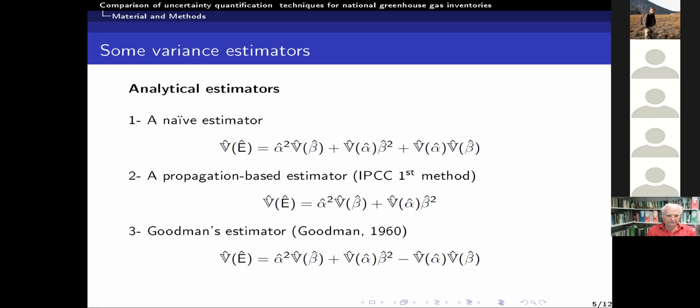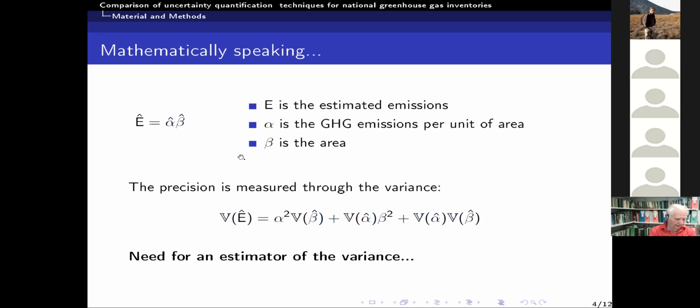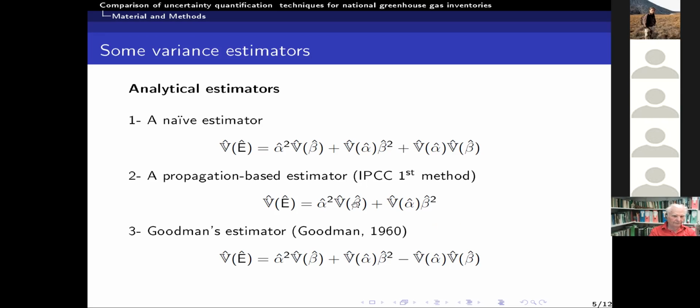So we can wonder, okay, there are 3 estimators. Which one is the best? So one way to assess the performance of an estimator, basically you want to see on average if that estimator will stick to the true value of the variance, which is provided here. Okay, so if you know the properties of the expectation and variance, you will find out that this estimator here tends to overestimate the true variance, and the bias is twice this product of the variances.